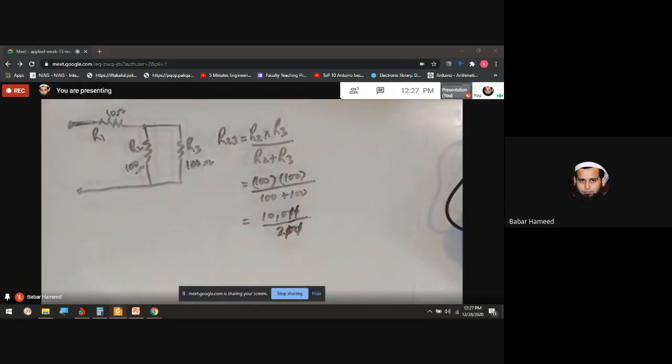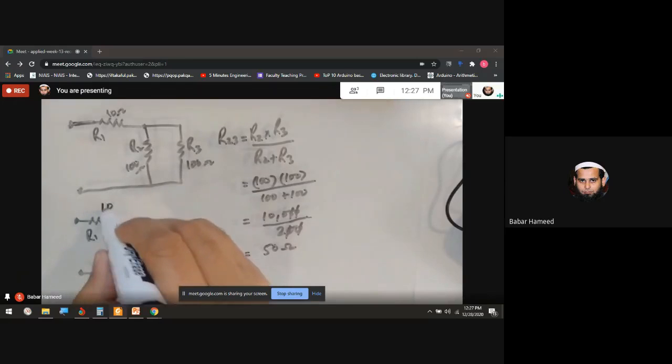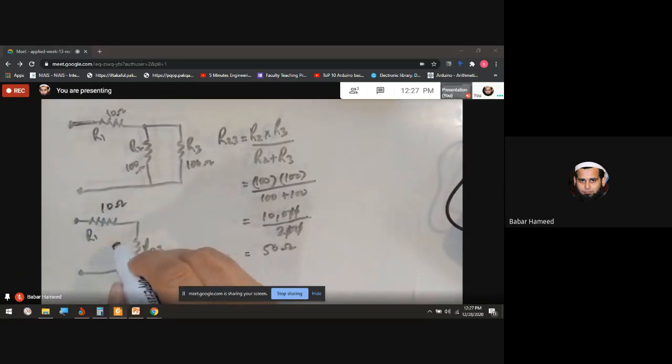It can be solved mathematically, and that will result in 50 ohm. So the new circuit we have is R1 and R23. R1 is 10 ohm and R23 is 50 ohm.